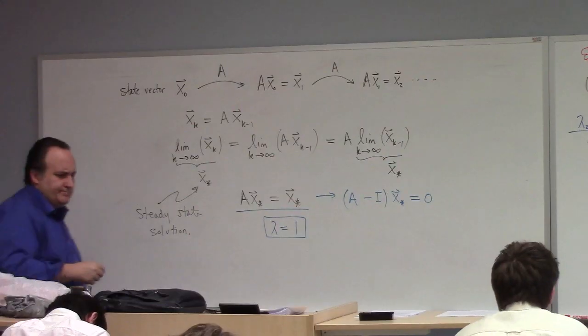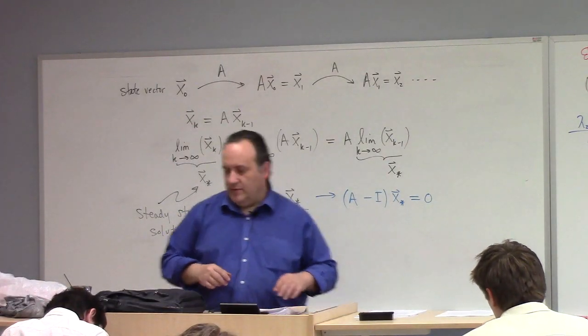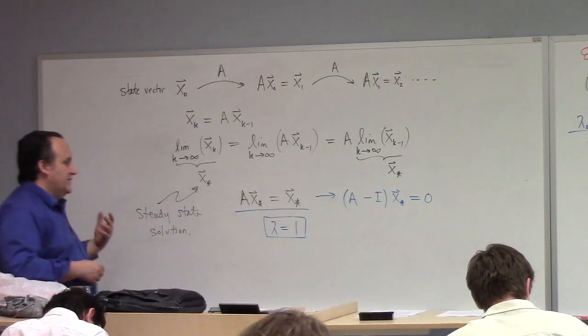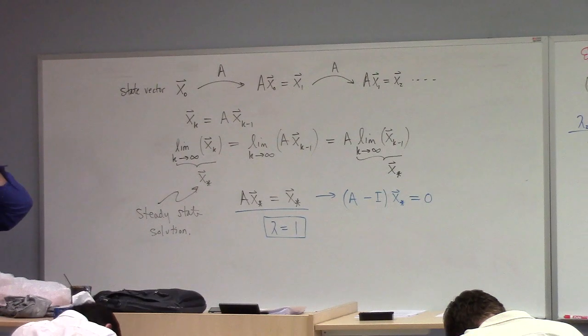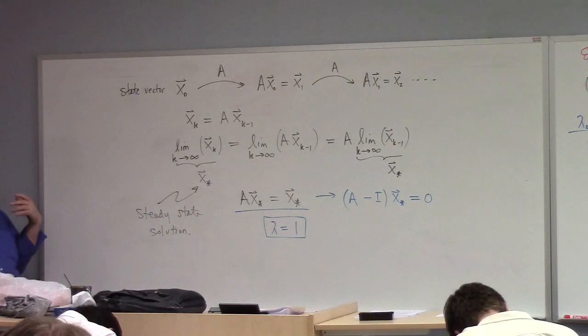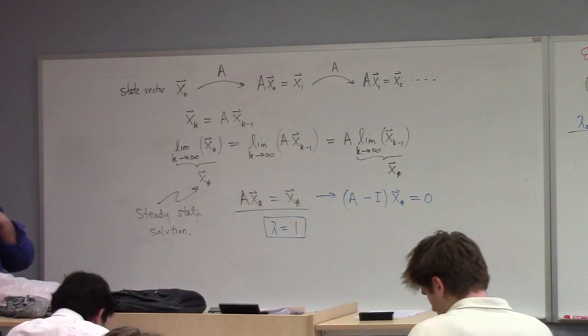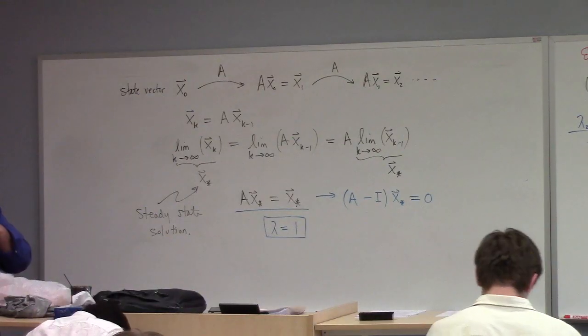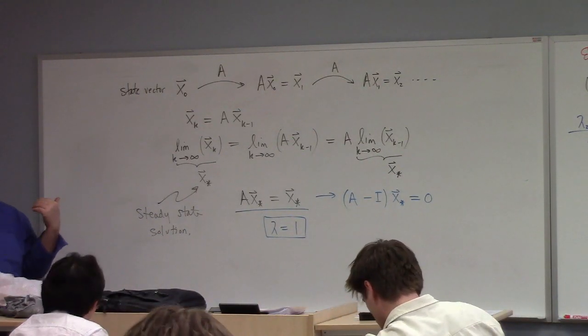Let's see if I have time to show you that. Oh, rats. Well, I'll show you next time. But, for example, there's something called a stochastic matrix. It could be a matrix of birth rates and death rates, and your vector might be a population vector where the first component is mice and the second component is tigers.